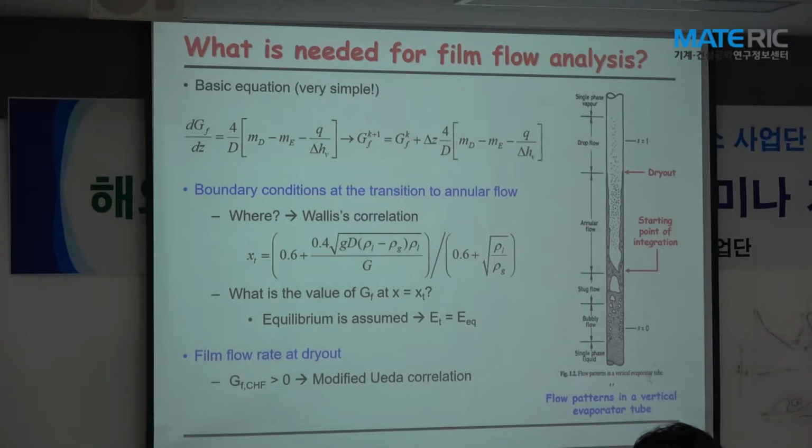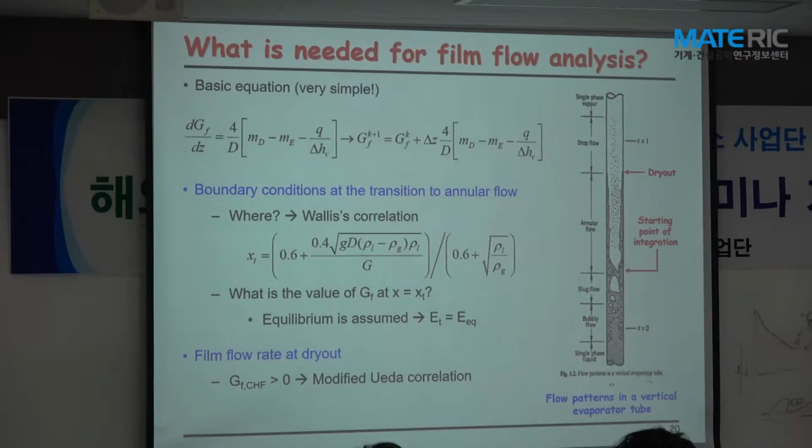The image of the liquid film is like this. And when dryout occurs, maybe first the dryout occurs here, not here. But the film flow rate calculated by this equation is some kind of averaged value, time average or something like that, because the film flow rate is different here and here.